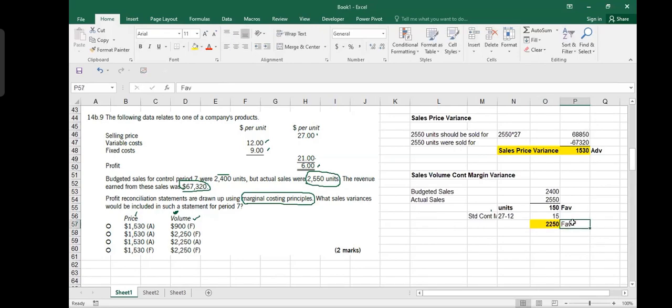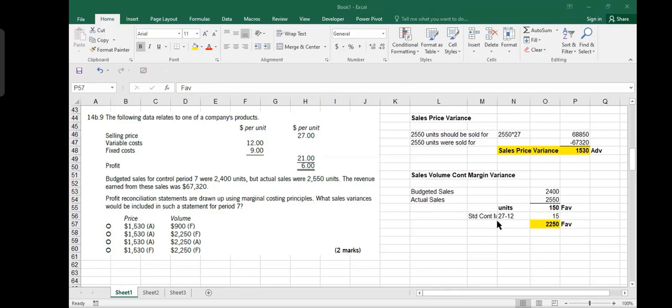So now you have got two options, two answers. You say price variance is 1,530 adverse and volume variance is 2250 favorable. Answer option should be B. This should be our answer. Very simple question, but very typical question in exam.